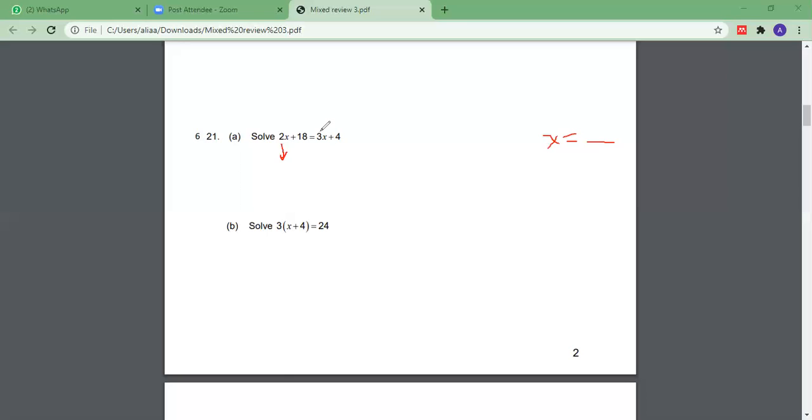And 3x will move to the other side by negative, so it will be -3x. And then, what about the 18? I will put the 18 on the other side. It's like they are exchanging places. So 18 will be -18.